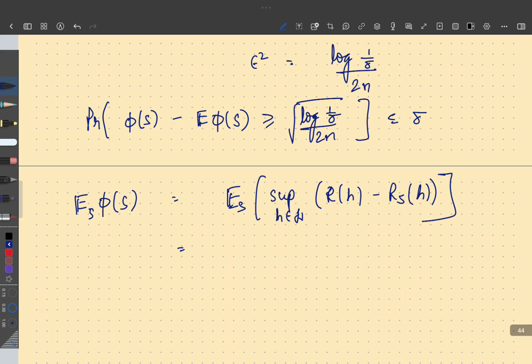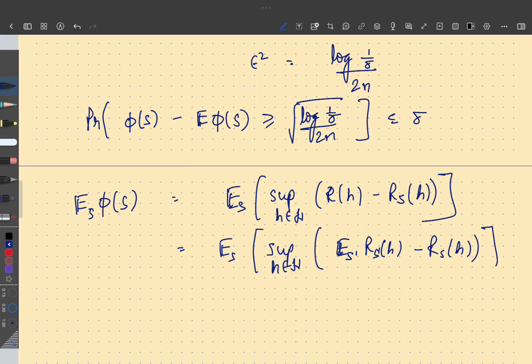But r of h is the expectation of rs of h, by definition. So just to indicate, because I have s over here, I'll write this as the supremum over all h of the expectation with respect to s prime, where s prime is an independent and identically distributed copy of s, of Rs prime of h minus rs of h.